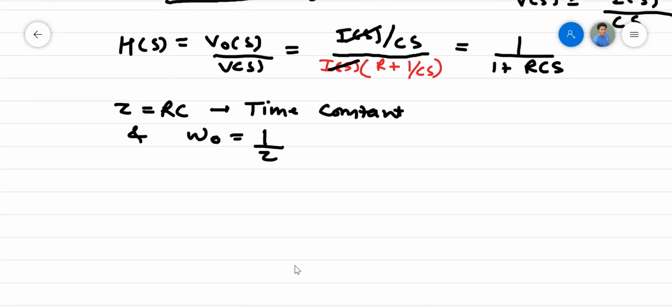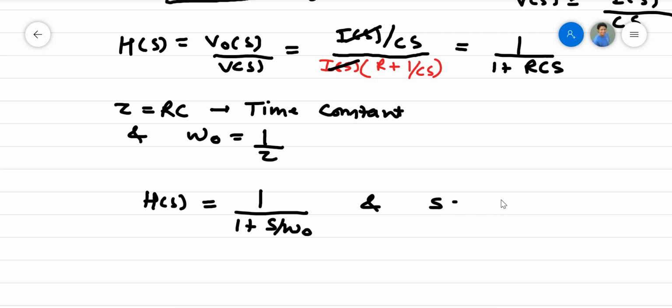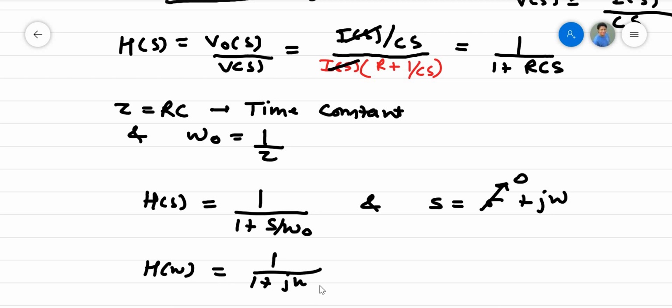So if we substitute this relation, our H(s) will be equal to 1 over 1 plus s by omega naught, and we know s equals sigma plus j omega, and for the case of the Fourier transform, sigma will be equal to 0, so H(omega) will be equal to 1 over 1 plus j omega over omega naught.